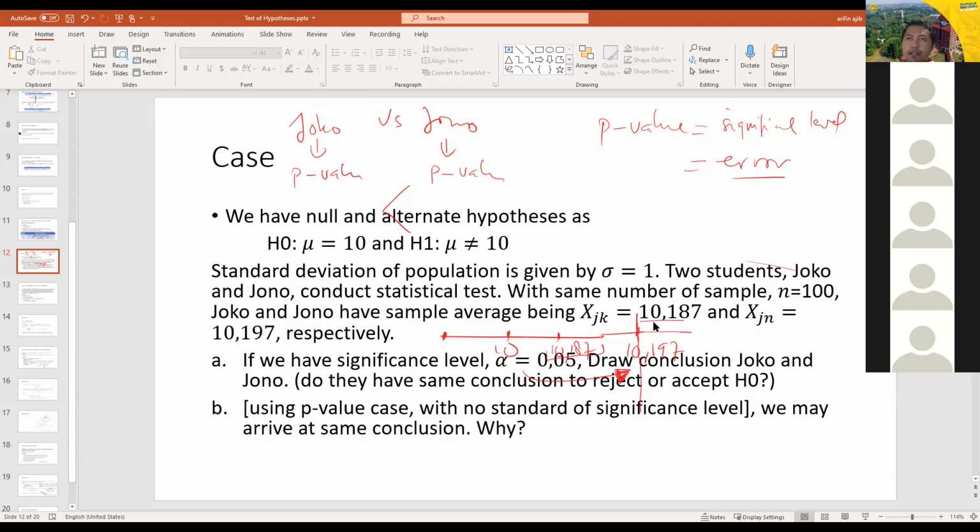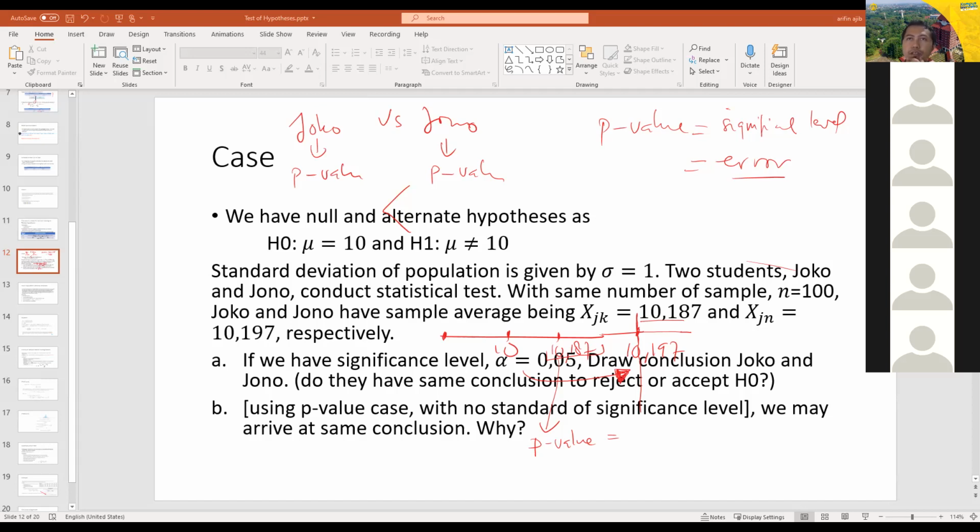If you have this standard, we will have the p-value equal to 0.187.